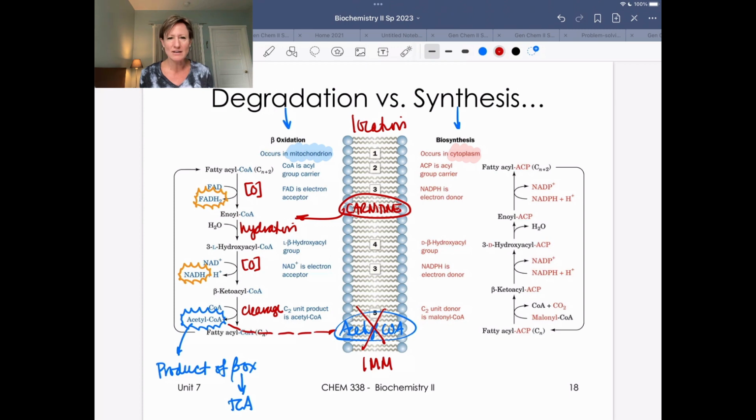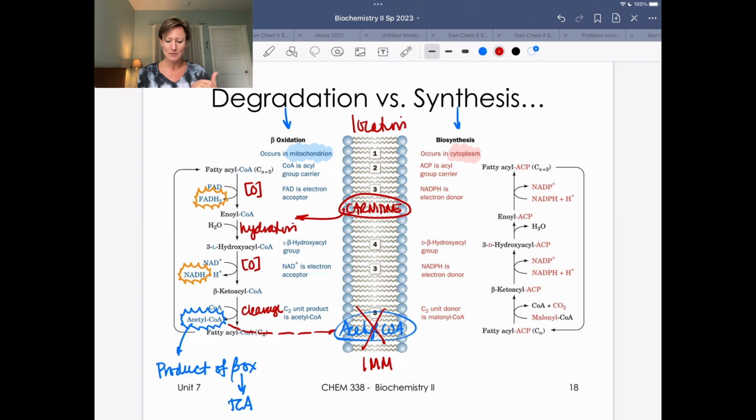That would be a futile cycle. This is differential regulation that we didn't see, for example, with glycolysis and gluconeogenesis, right? For the most part, all of the glycolysis and gluconeogenesis steps occurred in the cytosol, with the exception of pyruvate carboxylase. But for the most part, we didn't have this separation that allowed us to differentially control and regulate that process.